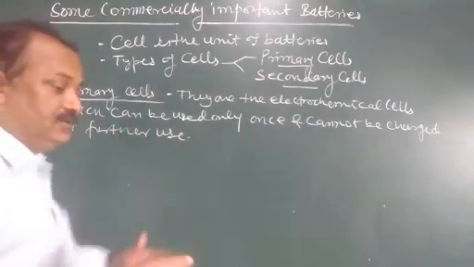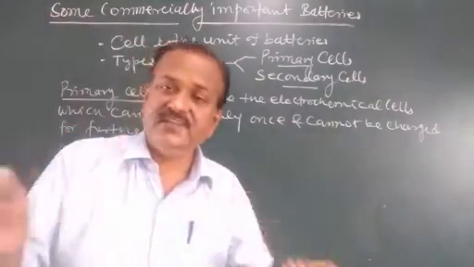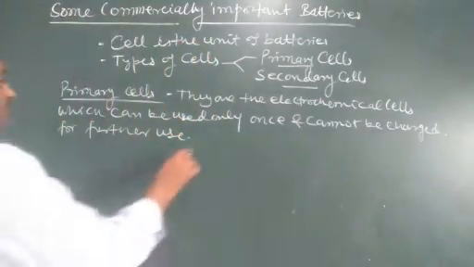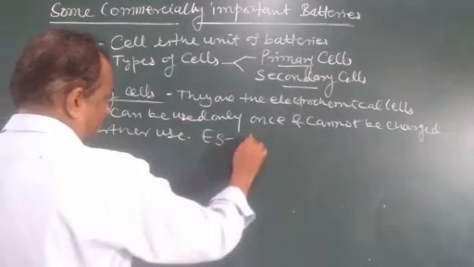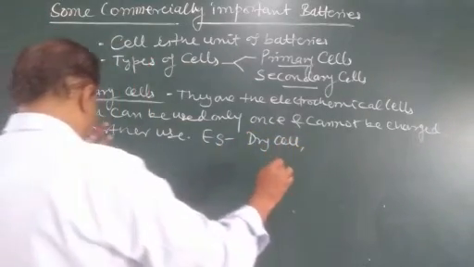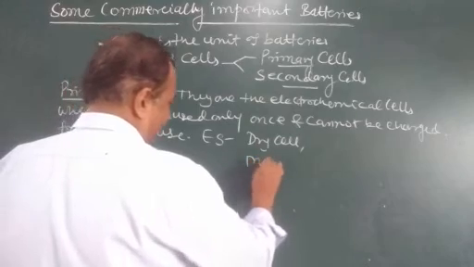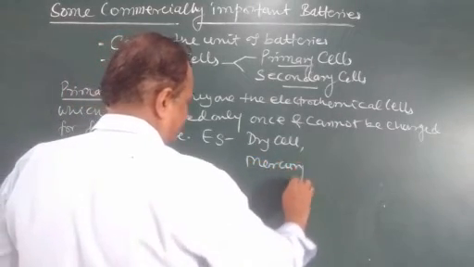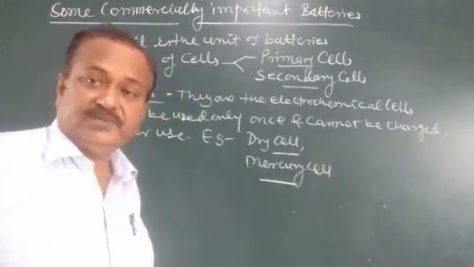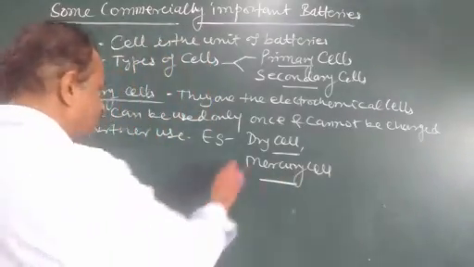The meaning is, once they are exhausted, they are lost and discarded. Now, for primary cells, we will see the examples. So, the dry cell. Then we have the mercury cell. First we will talk about the dry cell, children.